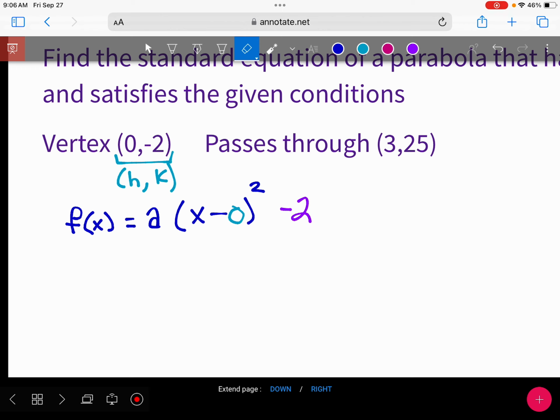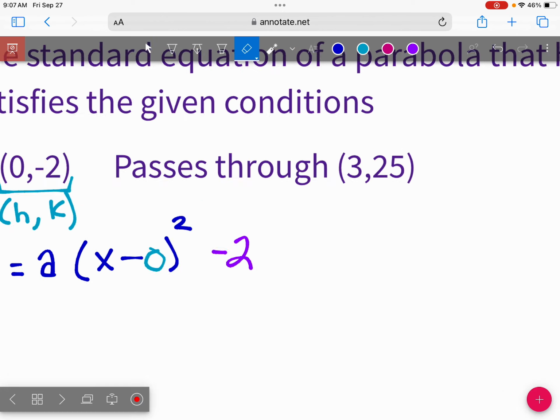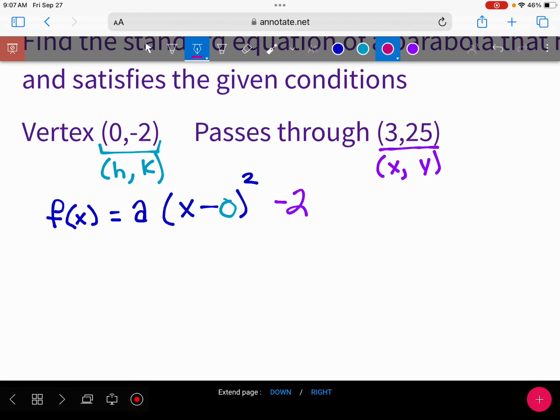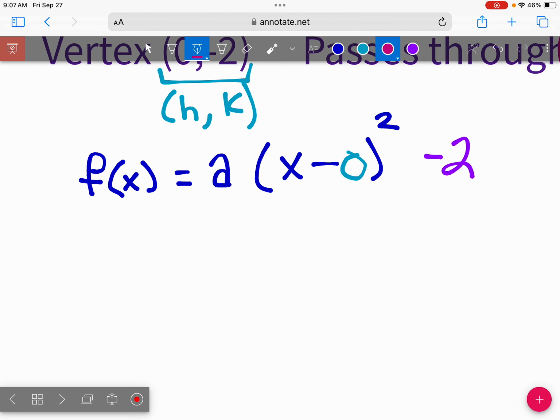So this gives us our kind of general form. That's what we did at the very beginning of yesterday. But since I know a point, I can now solve for a, because I can substitute this piece in for my x and for my y. So to find my a value, I'm going to substitute in this point.